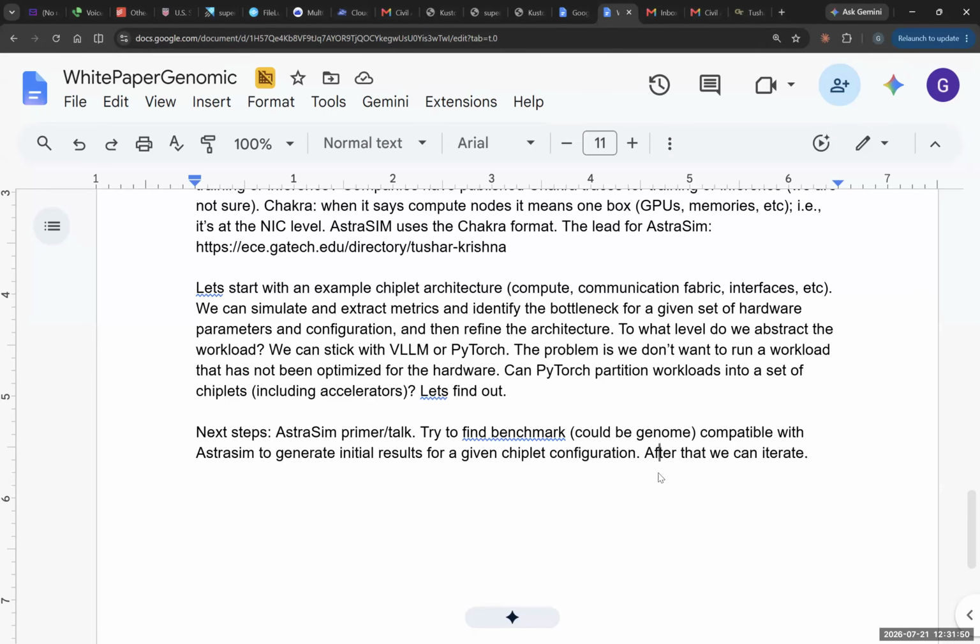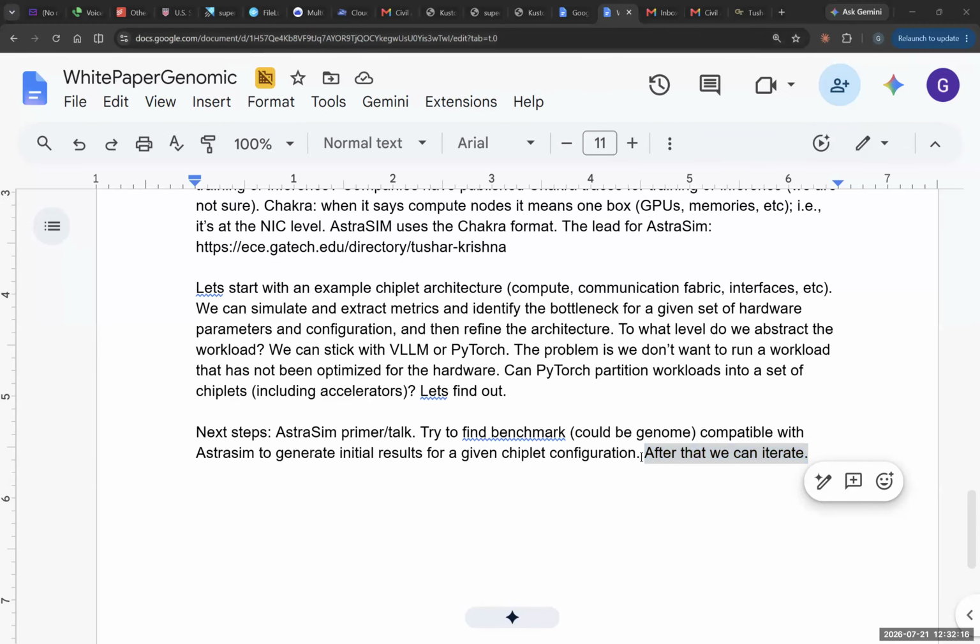That is inside the NIC. When you say genome, find a benchmark that is AstraSim compatible, I'm trying to connect the AstraSim, which is outside of the NIC, with the hardware iteration that's inside the NIC.